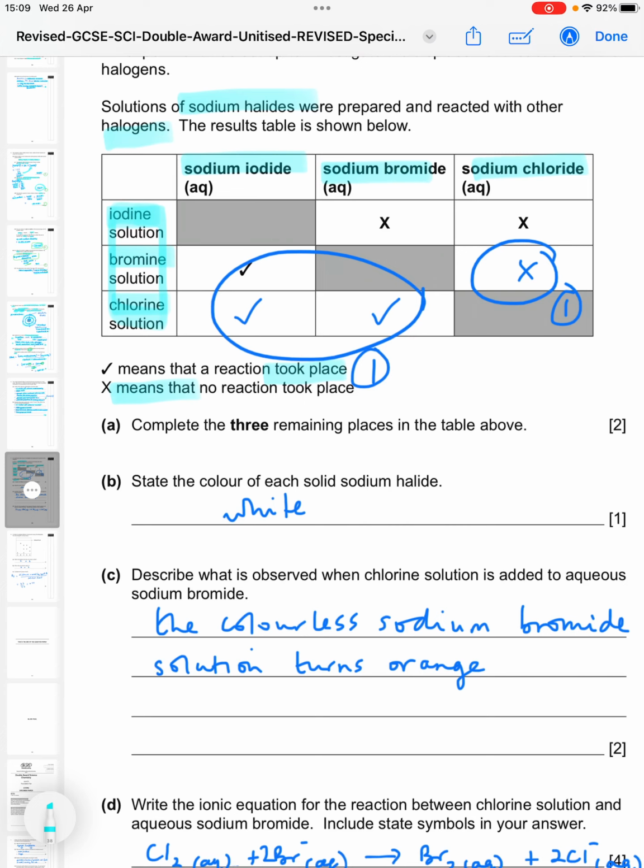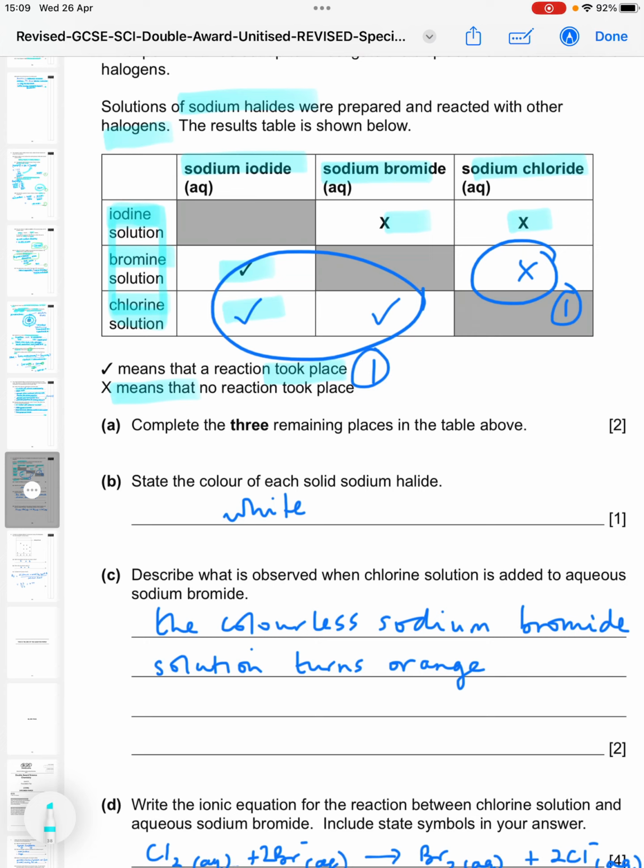So, okay, you can see here that the iodine solution does not react with either sodium bromide or sodium chloride. But the bromine solution does react with sodium iodide. So what's happening is you're getting basically a displacement reaction happening here.